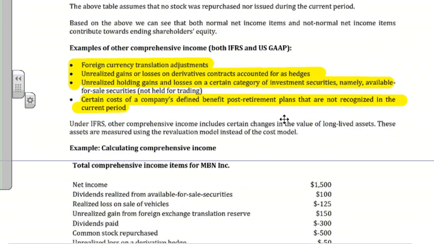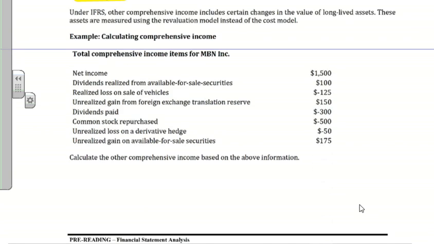As you can see, these are not normal costs that are relating specifically to normal operations of a company. And there's a little example for you, and you can see again, is my normal net income.